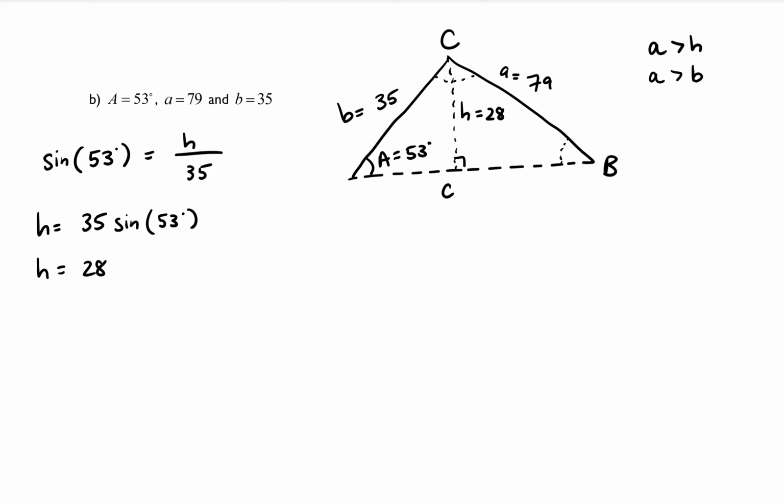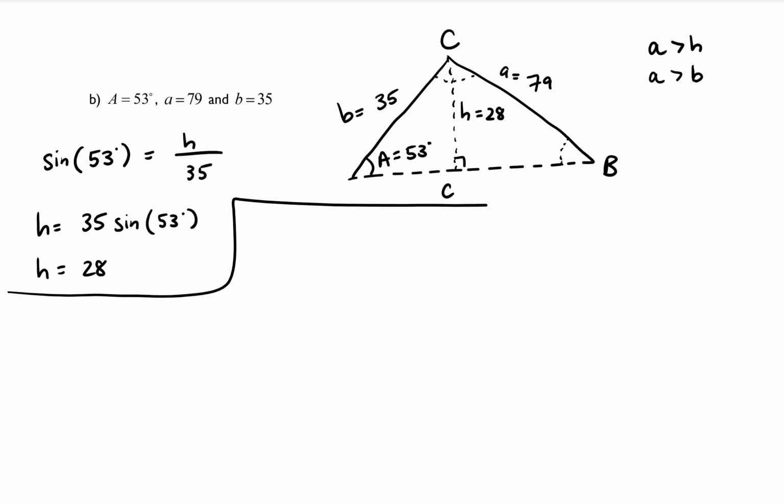So we don't have to worry about there being two triangles or zero triangles. So we know comfortably that there is one triangle, and now we can figure out the other angles and side lengths.